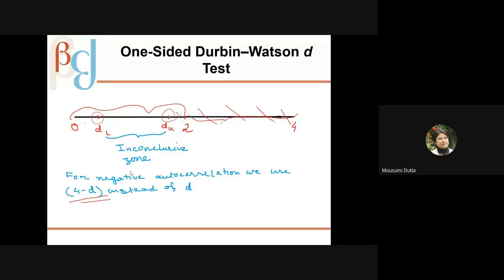If D is greater than DU and less than 2, anywhere between DU and 2, in that case, there will be no autocorrelation.